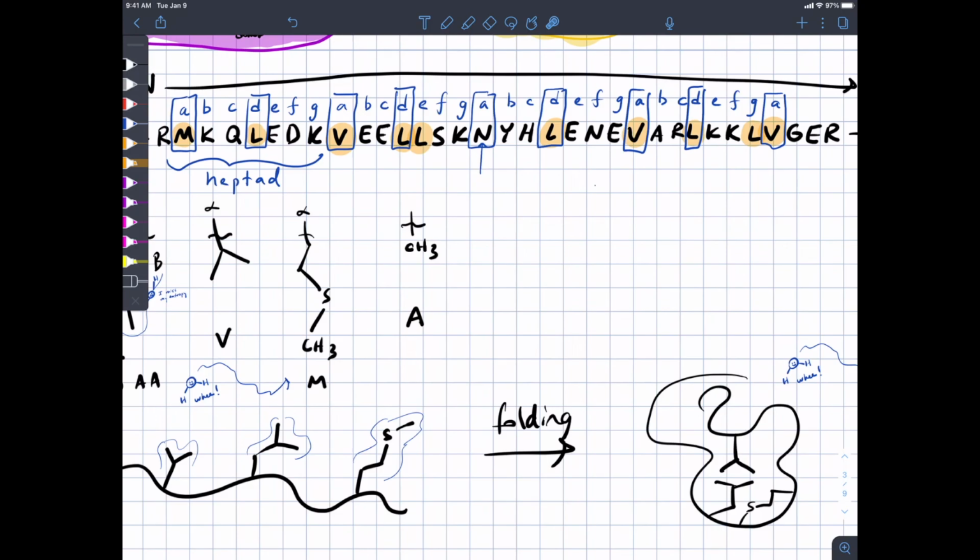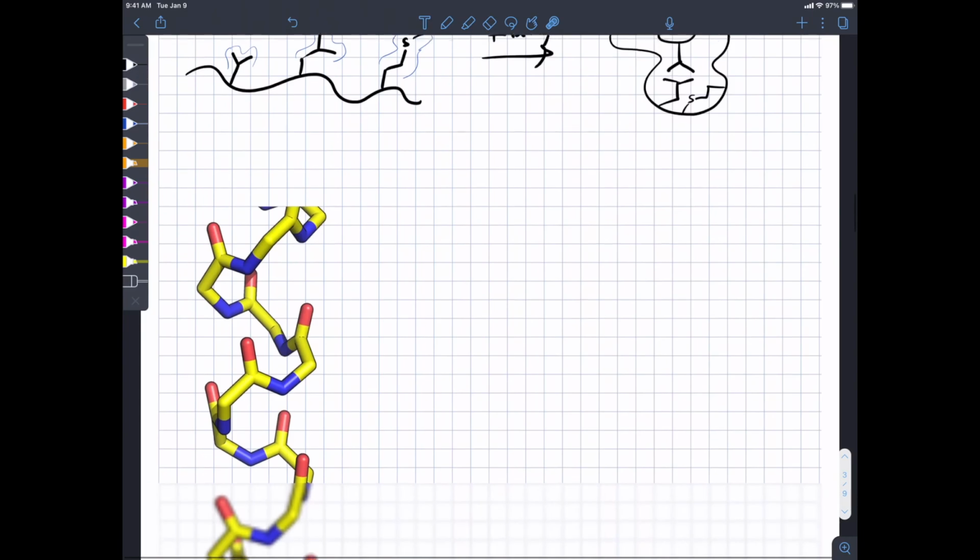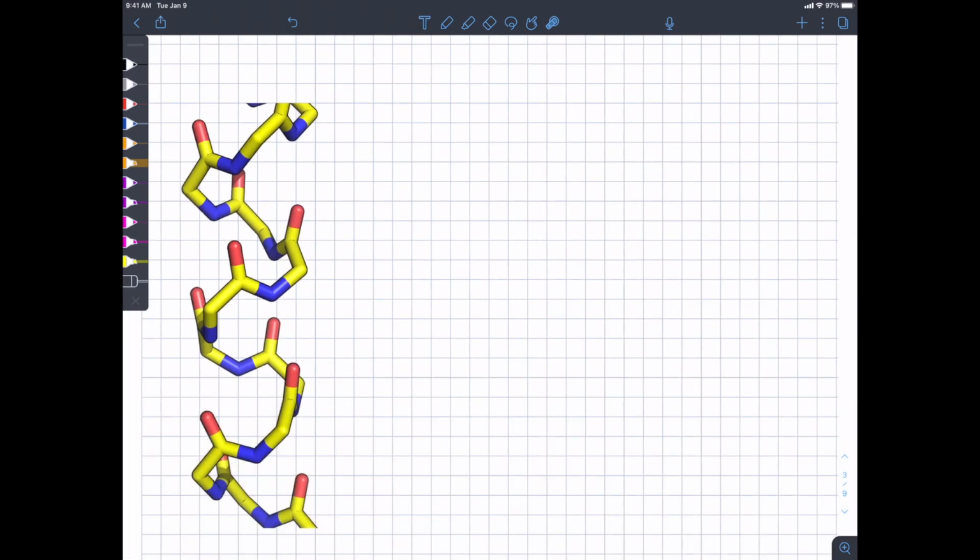Now, what kind of structure might allow those all to be on the inside of a protein? Well, let's look at the alpha helix. The alpha helix, we've talked about the dihedral angles. One of the interesting patterns in an alpha helix is that the backbone carbonyl oxygen here in red is hydrogen bonding to the backbone NH group from another amino acid.